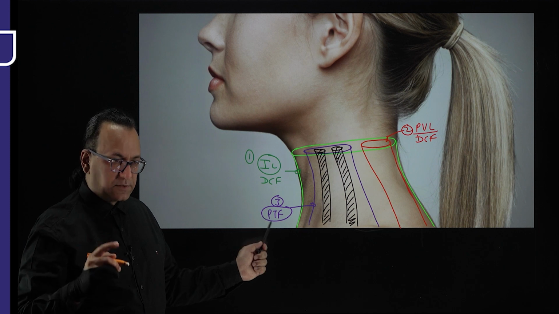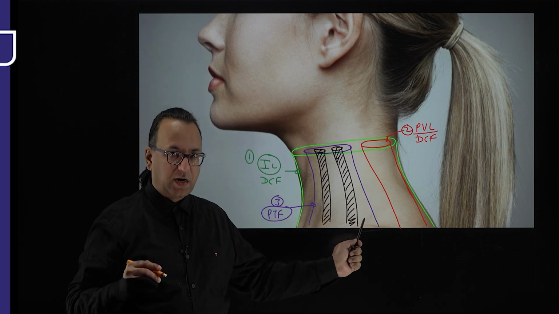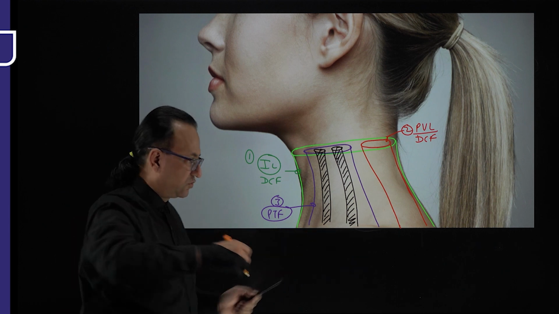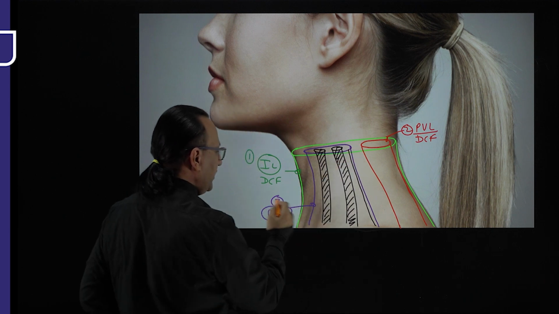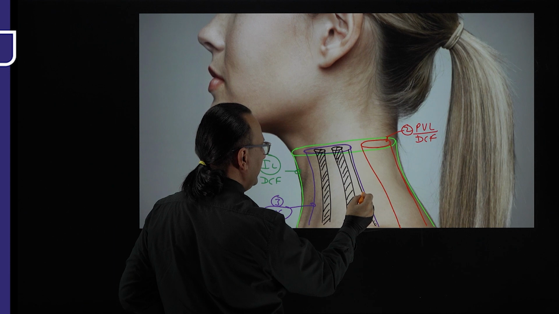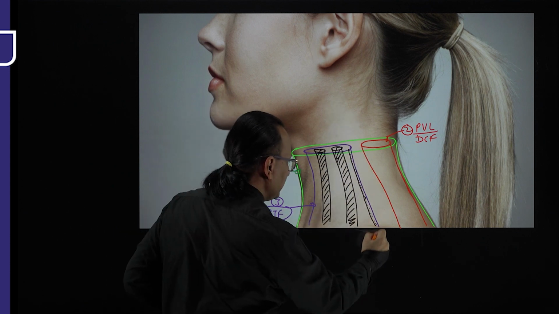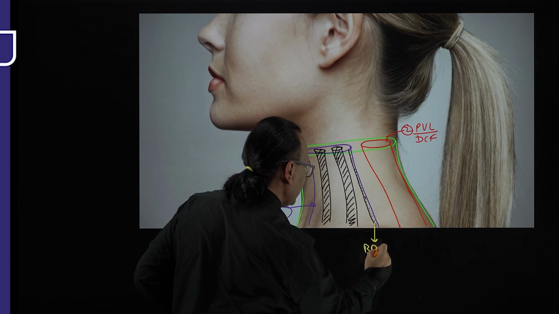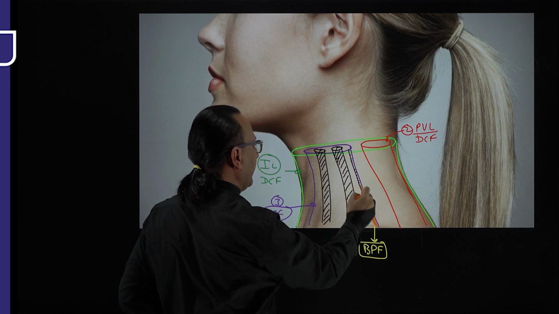Then if you remember, this pretracheal fascia is modified posteriorly to form the buccopharyngeal fascia. So if we are looking at a modification of the pretracheal fascia posteriorly, we are calling it the buccopharyngeal fascia. You can actually name this fascia here. This is the buccopharyngeal fascia, which itself is a modification of the pretracheal fascia.